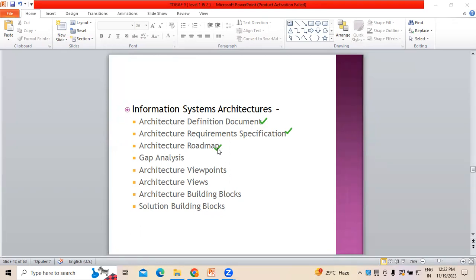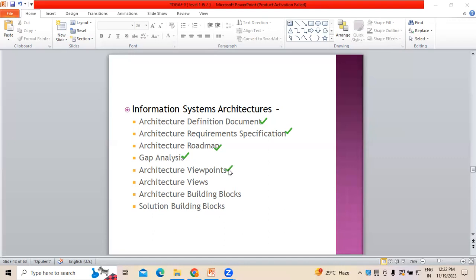Not only this, we need a detailed understanding of the gap analysis we need to do in reference to information systems architecture, because whenever we do a migration project, migrating from the old systems to the new system, this is where we generally call it as-is and to-be, and this is where we do gap analysis. The gap analysis transformation is what we do when it comes to information systems architecture.